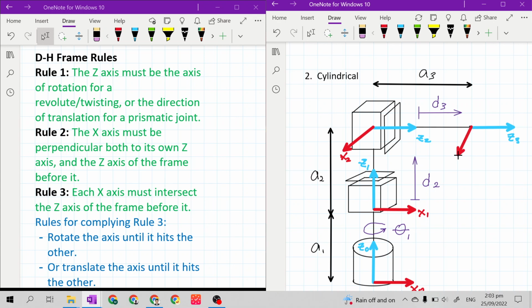Z sub 2 and z sub 3 are both pointing in the same direction, so our only choices are front or back. As I said earlier, based on my experience, it is better if your x-axes are pointing in the same direction or facing each other. So I will choose the front, just like x sub 2. So this is x sub 3.